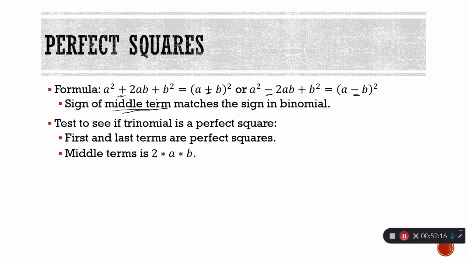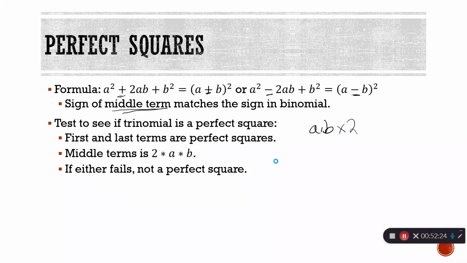So do a times b and then double it. And if either of those fail, it's not a perfect square. So say these two are perfect squares, but then this isn't. It's not a perfect square. Or if this is a perfect square, but this isn't 2 times a times b, it's not a perfect square.